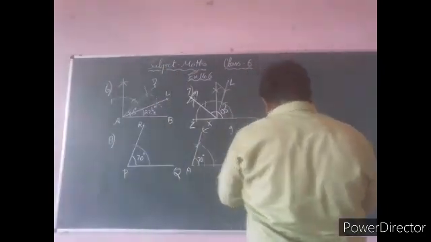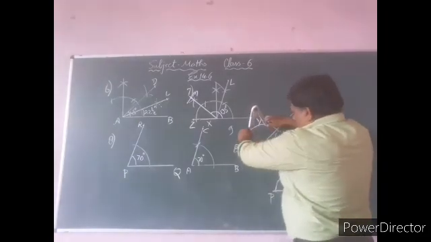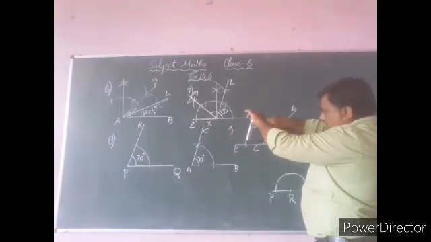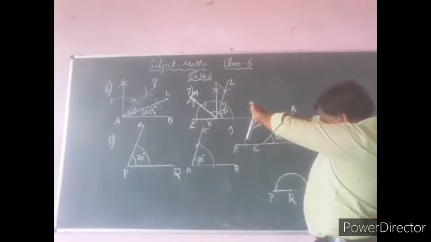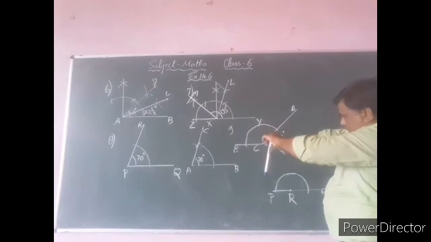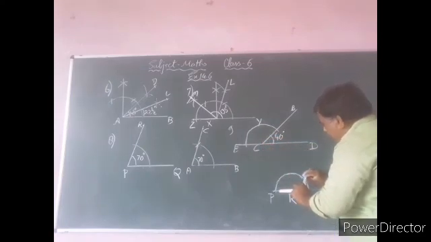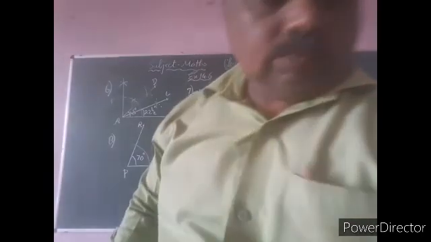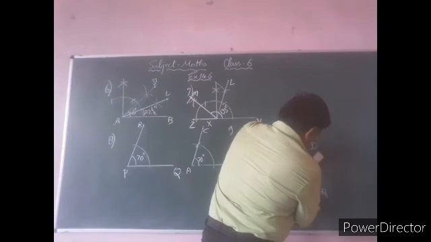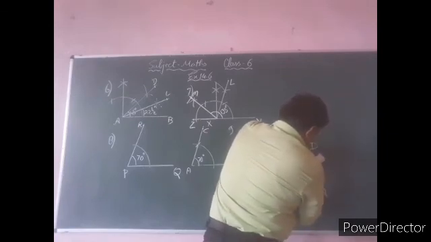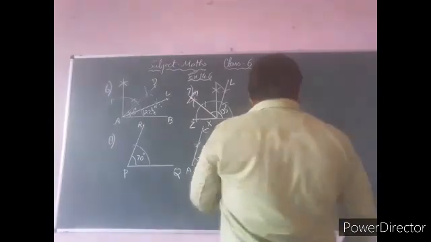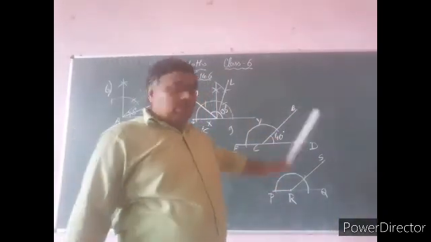From here, put the pointer here and pencil point here, and of the same radius draw an arc in this way. So PRS is a copy of ECB.